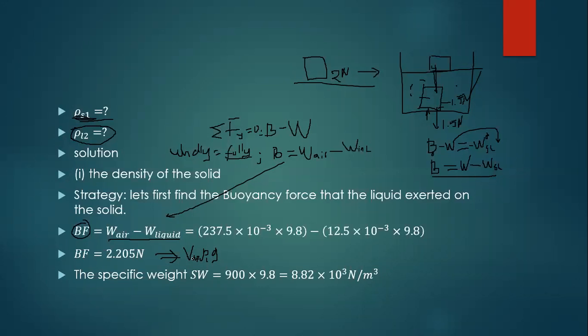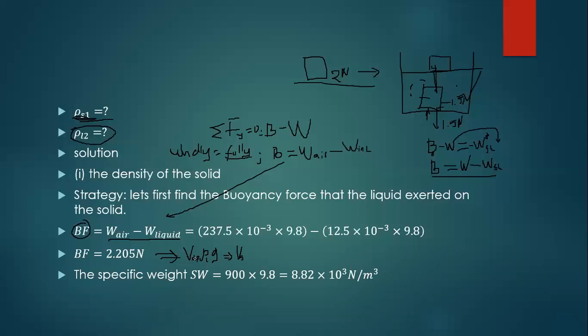Buoyancy force is the volume of the displaced fluid multiplied by the density of the liquid. And in this case, since we are talking about wholly submerged, the volume of the displaced fluid will equal the volume of the solid, since the whole of the solid is in the liquid.